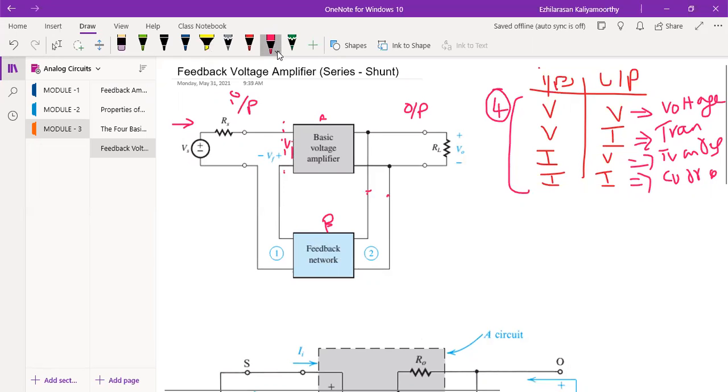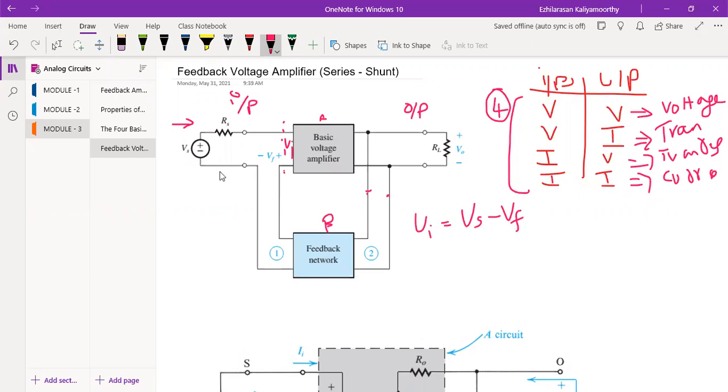As we already studied in the previous classes, VI is equal to VS minus VF, because which type of feedback is this? It is negative feedback, so there is a minus. Normally the input signal VI is the subtraction of the source voltage and the feedback voltage.